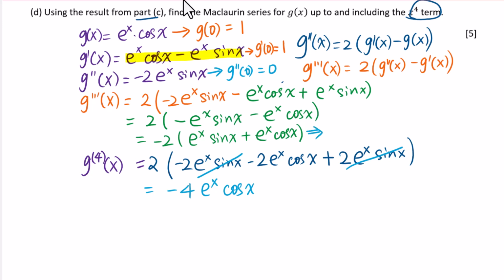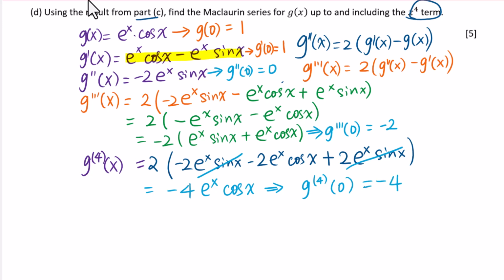From here, g triple prime of 0 equals negative 2. From here, we got the fourth derivative of g of 0 equals negative 4.